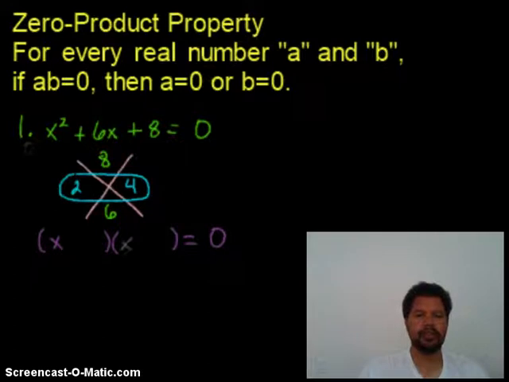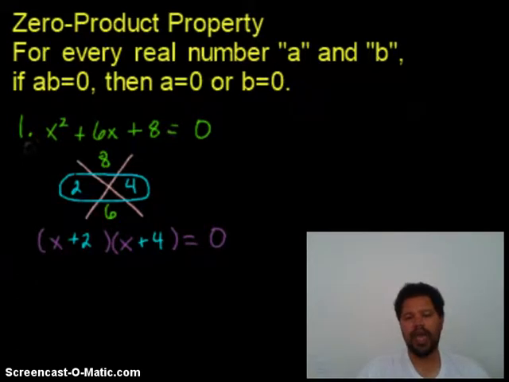That's how we get our x squared. Now this is where we use the factors that we found. We have a positive 2 and a positive 4. So if I multiply these back out all the way through, we should get this trinomial. So 2x plus 4x gives us this 6x. 2 plus 4 gives us 6.